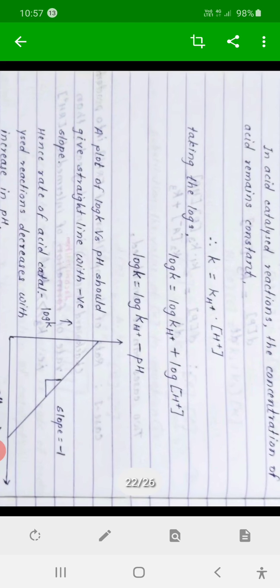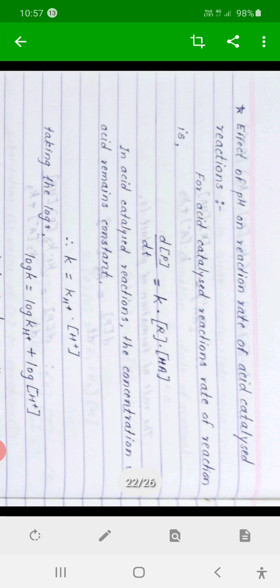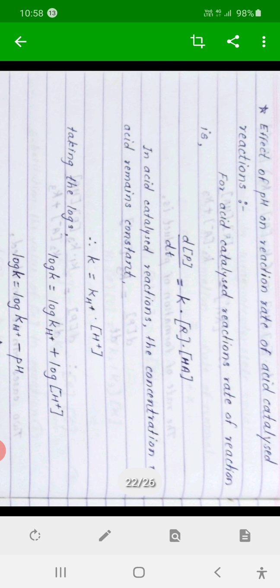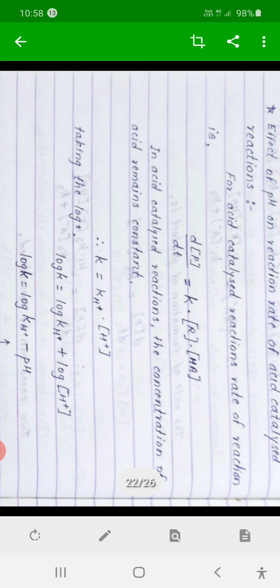Then the pH effect on this reaction, effect of pH. Consider the rate of product formation equation, dP by dt is equal to K into R into HA.